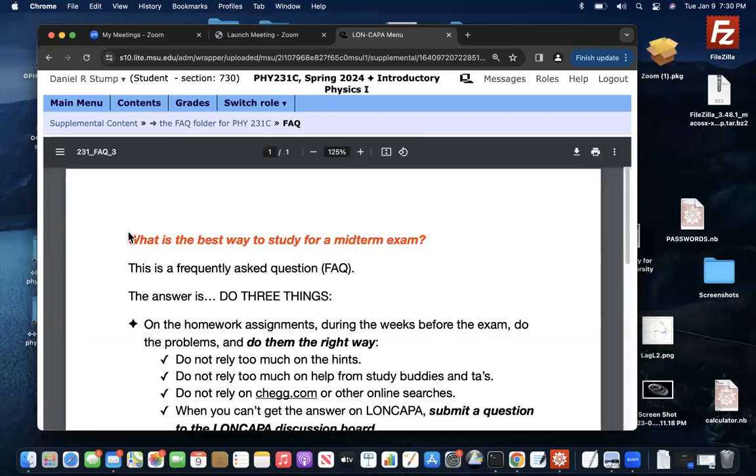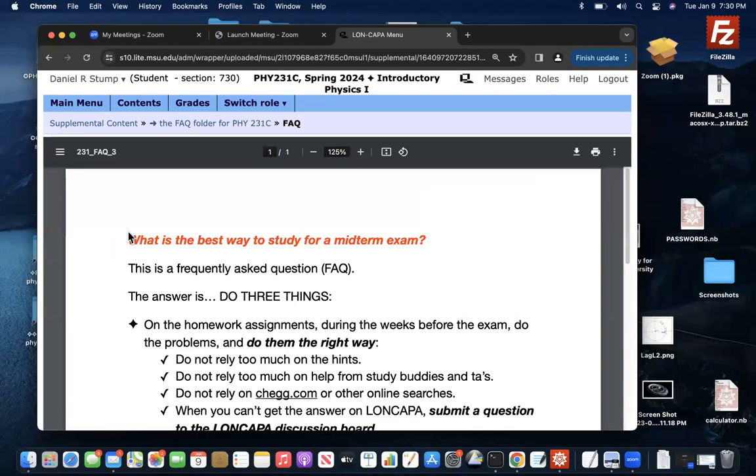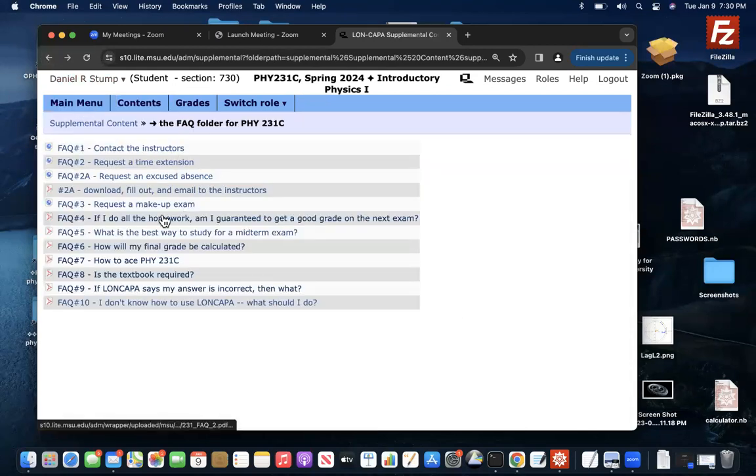Well, the best way to study for the exam is to study your notes. First thing you have to do is all the homework. But then a few days before the exam, you want to study for the exam. Do that by studying your notes. So be sure you take notes so you have something to study.